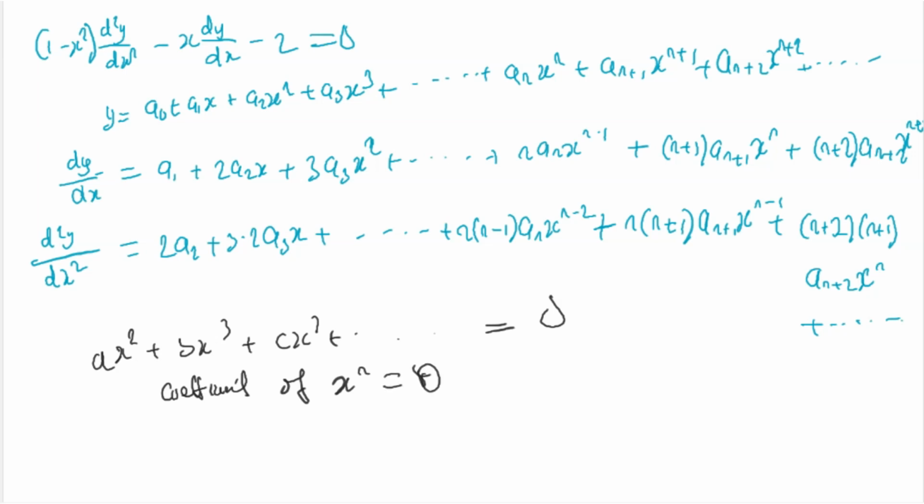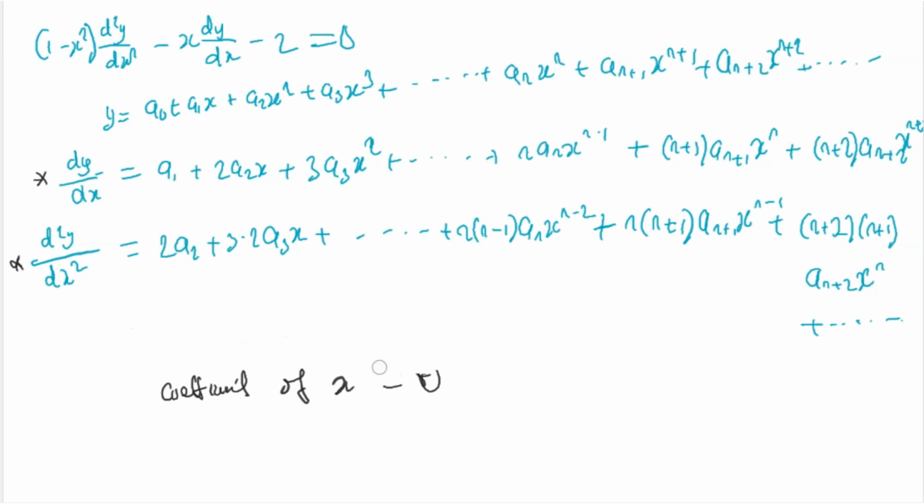That is what it means. So if we plug all these expressions for dy/dx, for d squared y over dx squared, everything, into this differential equation, we're going to get a polynomial of this form, for which the coefficient of x to the n should be equal to 0, and that is how we're going to solve this problem. So let's plug it in.